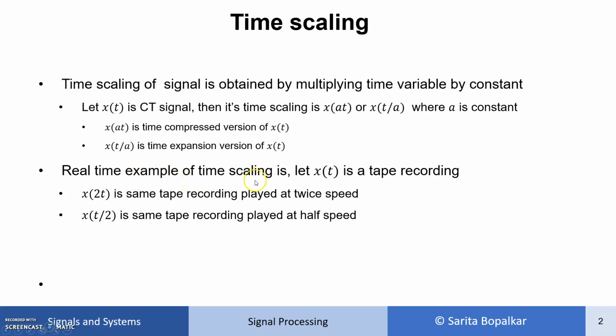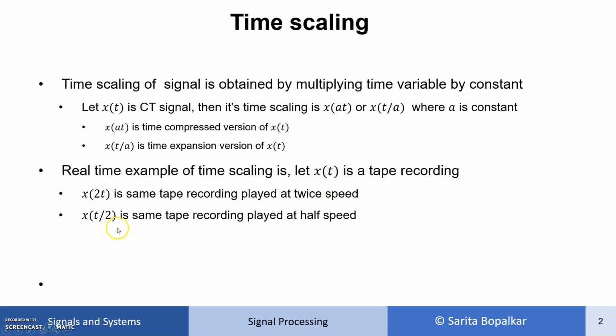A real-time example of time scaling is, let x of t be a tape recording. Then x of twice t is nothing but time compressed. So x of twice t is the same tape recording played at double speed.